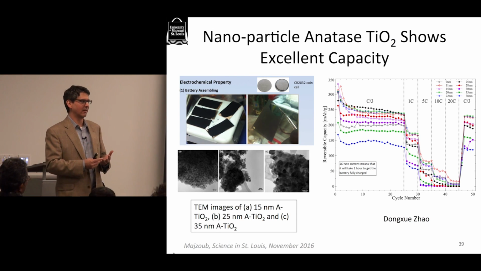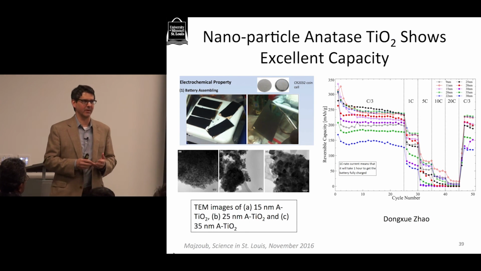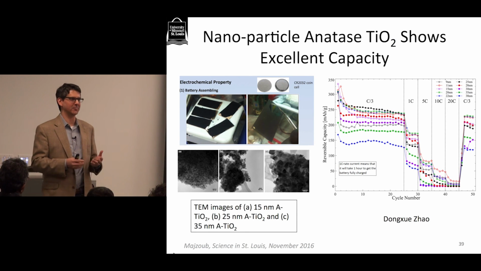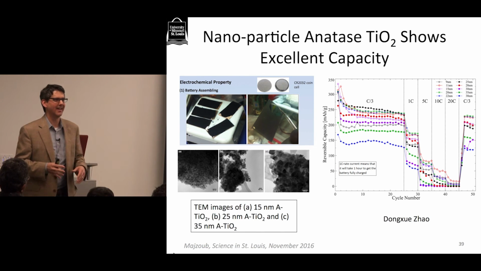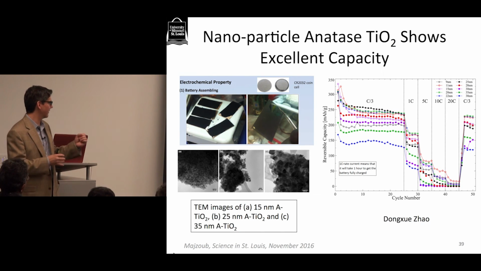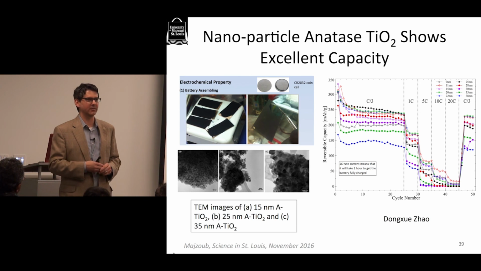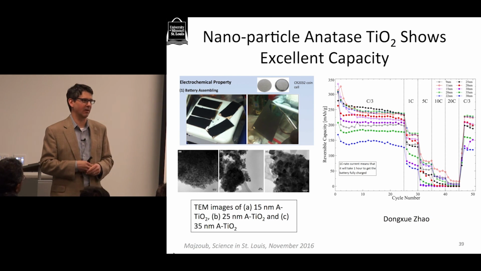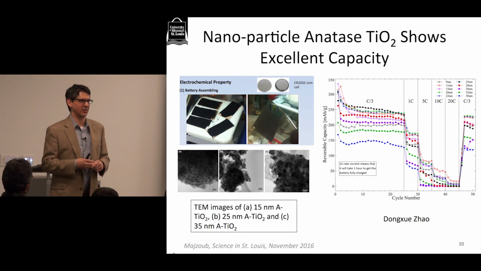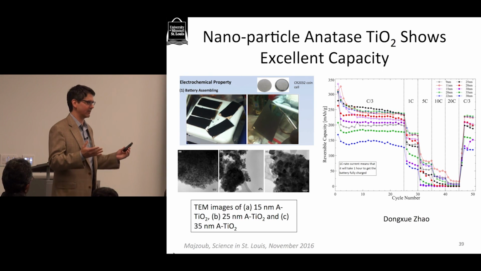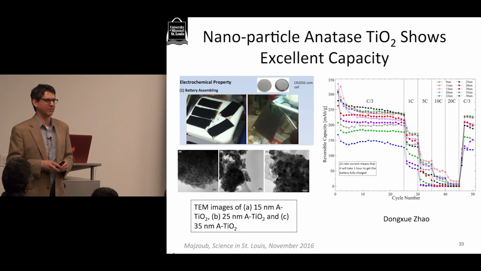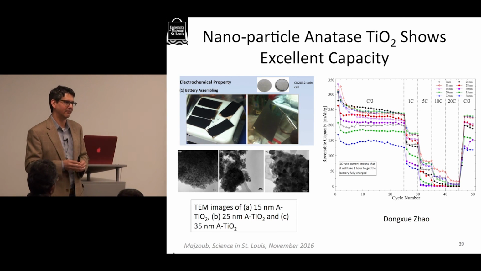Right now, just to throw out a number, it's about 170 milliamp hours per gram. It doesn't mean a lot necessarily, but some of the materials currently being researched might have capacities up to 10 times as high. So you can imagine having a lithium-ion battery that has several days worth of capacity in it.